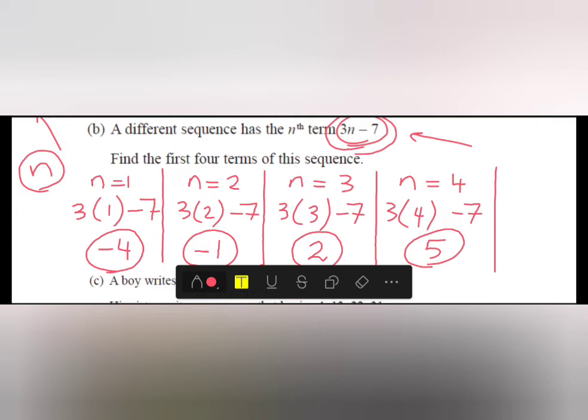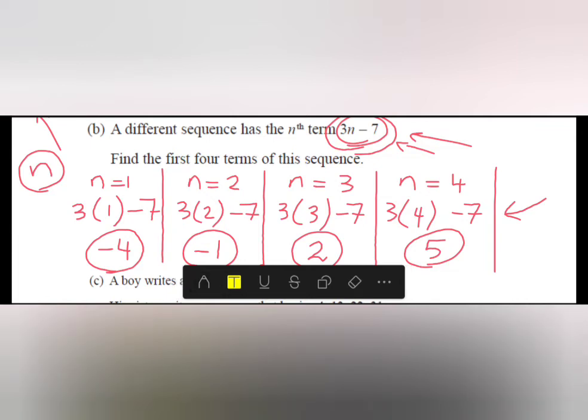And then we use it here to find the term, or the four terms of the sequence. And this is how you answer a question like this. Now, let's move on to the next question.